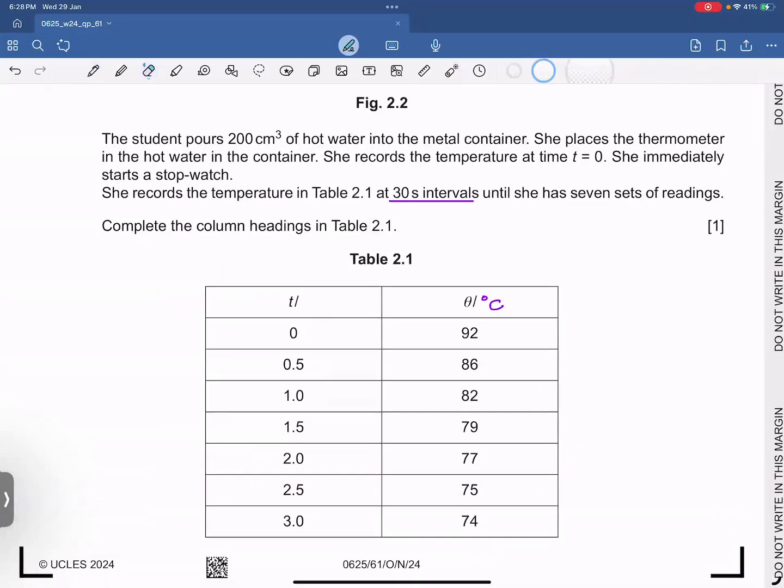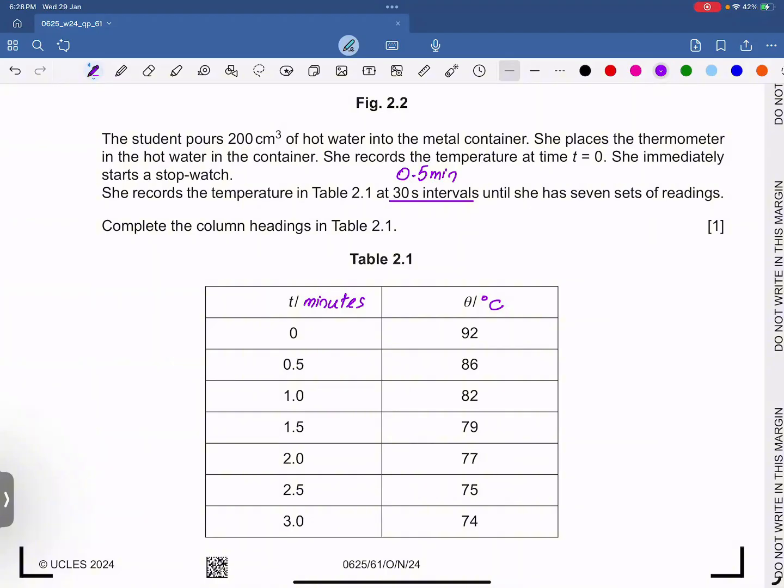So they are using decimals. Every 30 seconds is 0.5 minutes. So do not use seconds, use minutes, because every 0.5 minute means every 30 seconds. That was a trick. Don't fall for that.